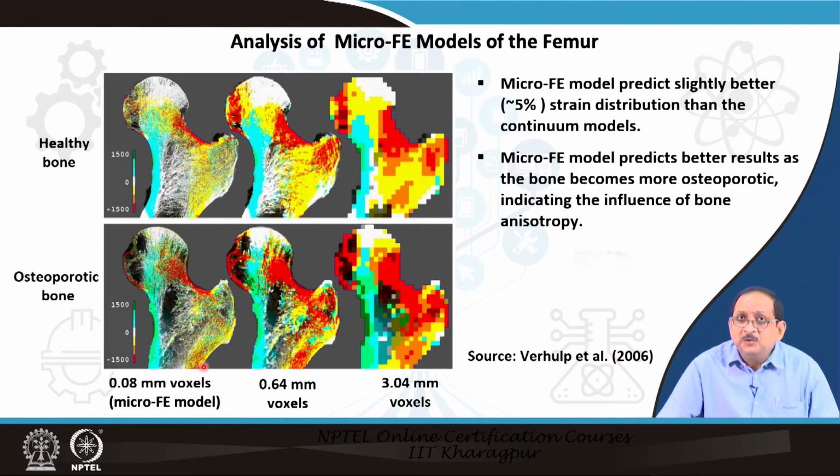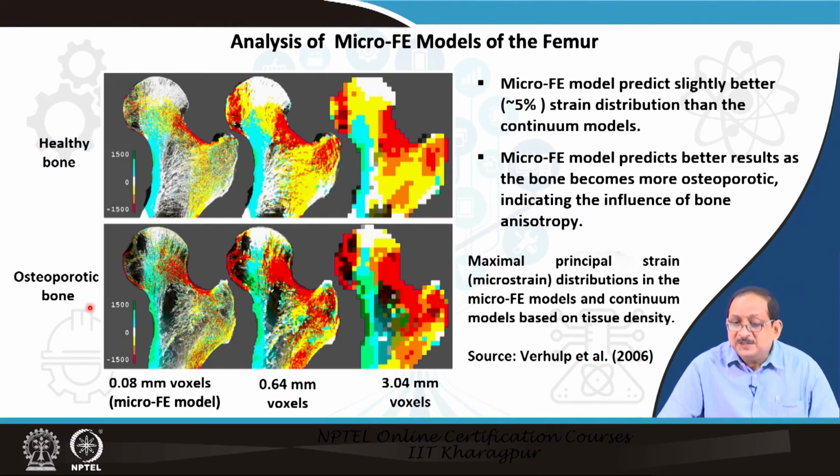However, the micro FE model predicts better results as the bone actually becomes more osteoporotic, indicating the profound influence of bone anisotropy in the osteoporotic bone model. The maximal principal strain distribution in the micro FE models and continuum based models were based on tissue density.